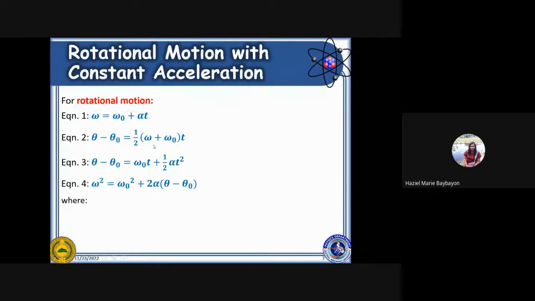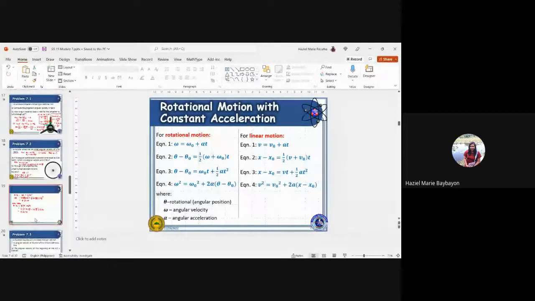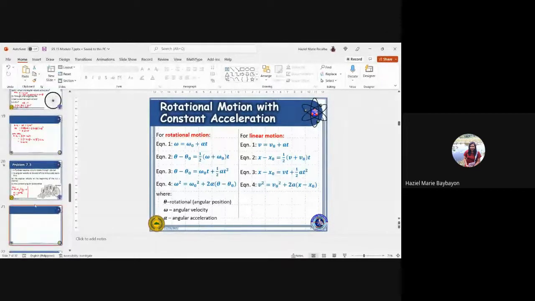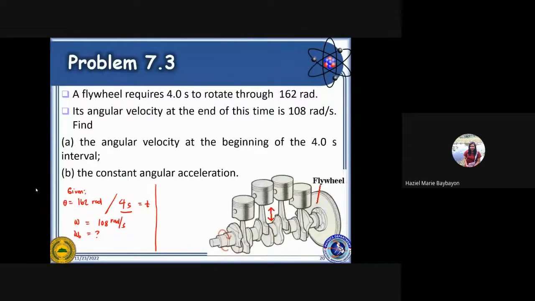This one. Wala siya alpha. Okay? Equation number 2. The one we have used kaganina sa previous nga problem. So use equation number 2.